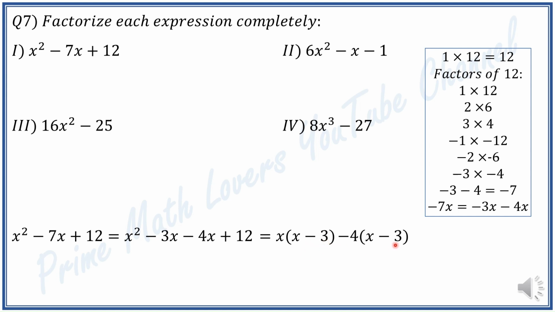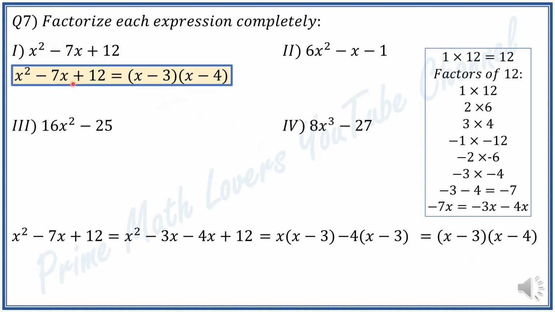We factor out x minus 3, this common binomial factor, and we get x minus 3 times x minus 4. We have successfully factorized the quadratic expression x squared minus 7x plus 12 into the product of two binomial factors, x minus 3 and x minus 4.